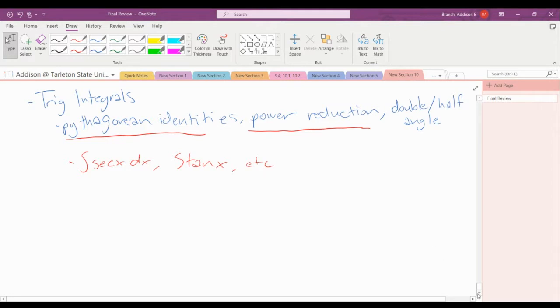So your main thing to pay attention to with your trig integrals is to look at the grouping. Usually you'll have sine and cosine together, tangent and secant, or cotangent and cosecant.